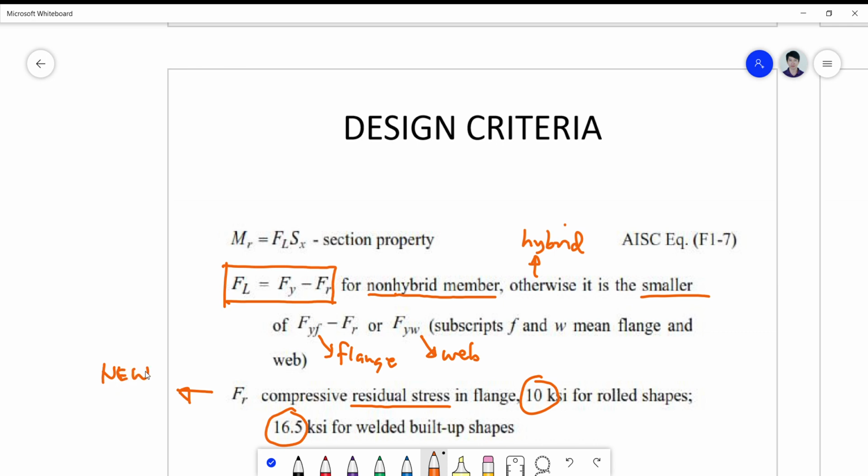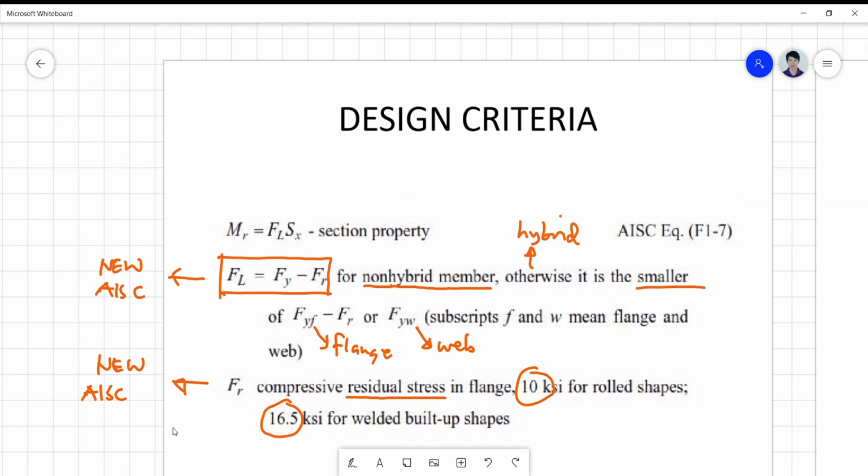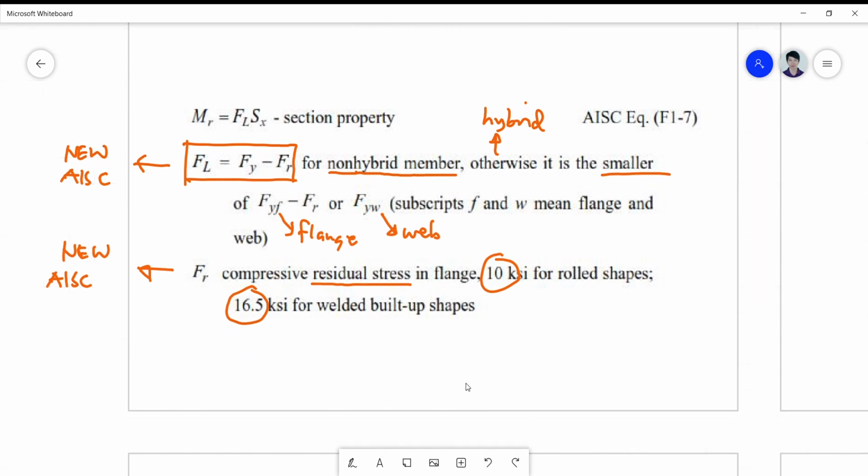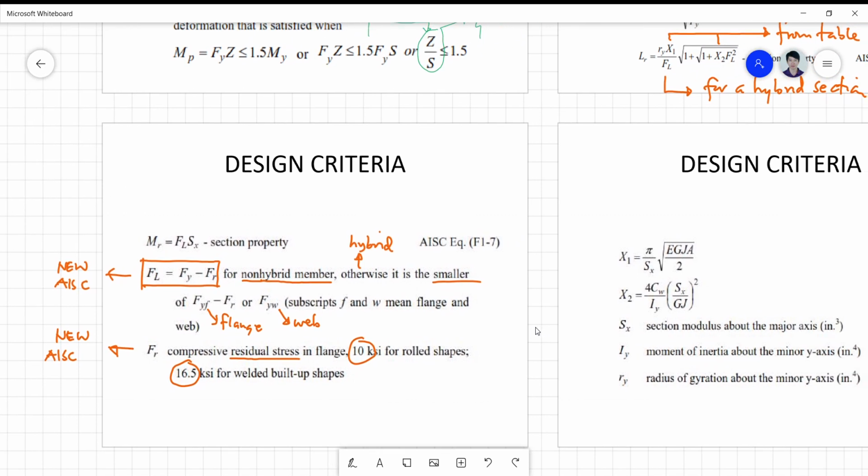Now, in the new AISC, there is some modification on the value of Fr and FL. So I will give you the update on this later so that you will not be confused, in case we apply it on sample problems.